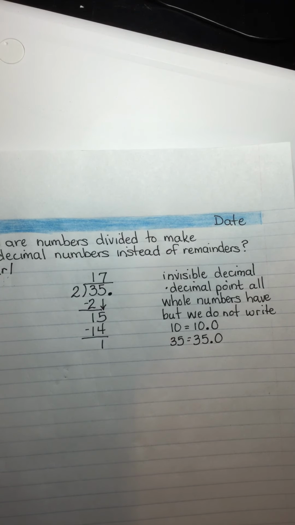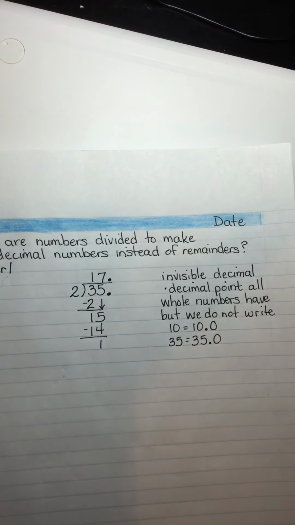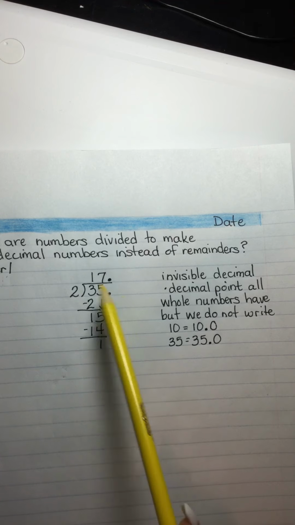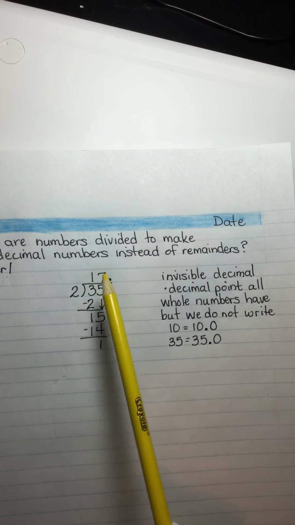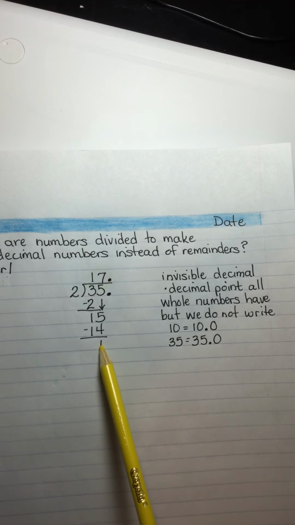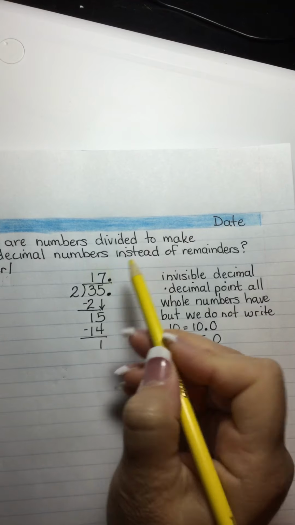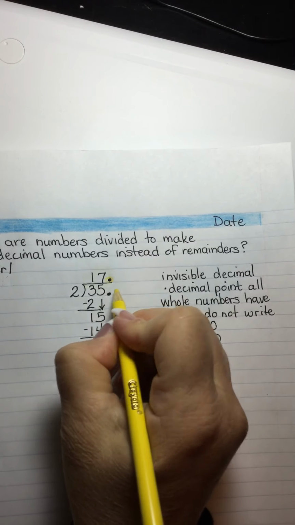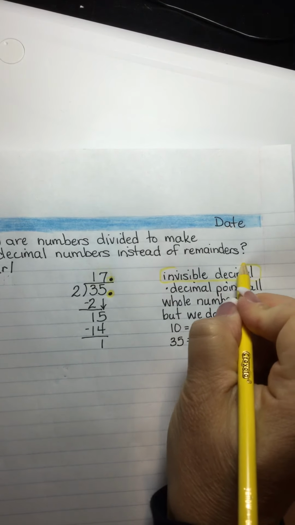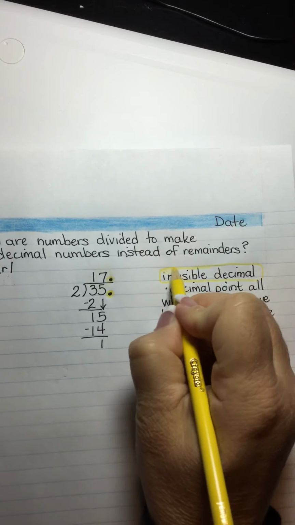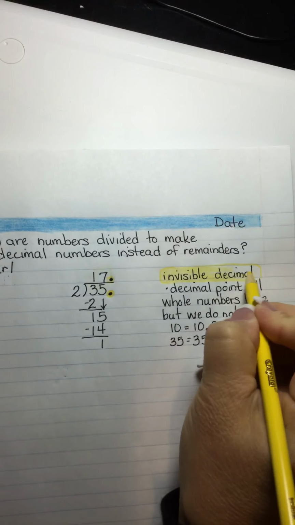We can also put an invisible decimal right above it after the 17, because this is 17 whole pieces of candy. There's 1 left over, but there's 17 whole. So we can put that invisible decimal right there because it really is there. It's just invisible. We don't write it. So it does belong there.